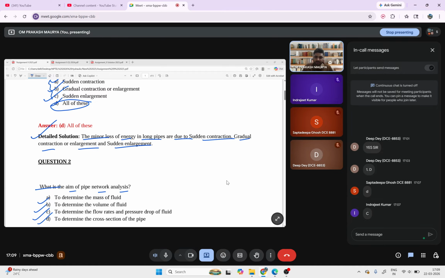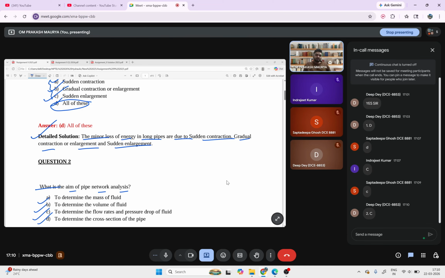So please just try to write your answer in the chat box. I am waiting. Okay, Deep is telling option C, to determine the flow rate and the pressure drop of fluid. Okay, so Ghosh is also telling option C, right?